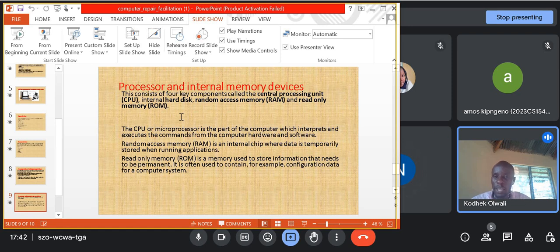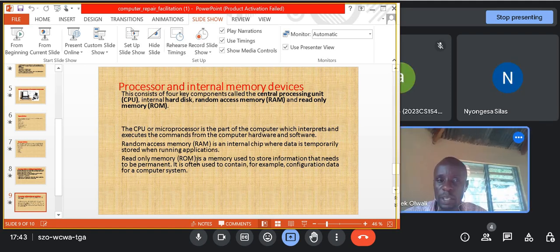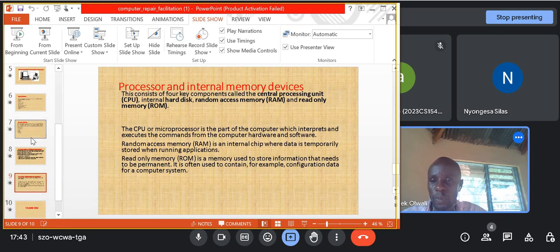It coordinates all the activities in the computer. Random access memory stores data temporarily when applications are running, while the ROM holds information that has been stored there by the manufacturer, like the CMOS settings. Those settings will always be stored in the ROM.